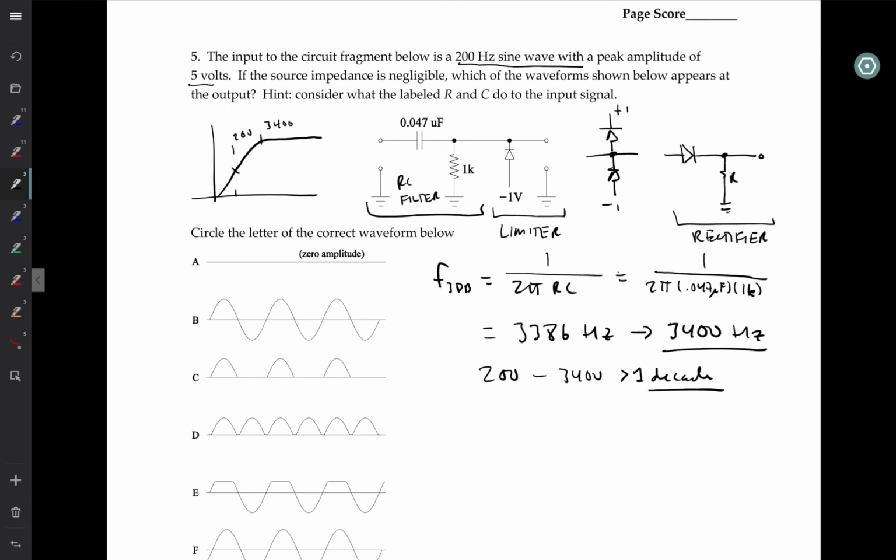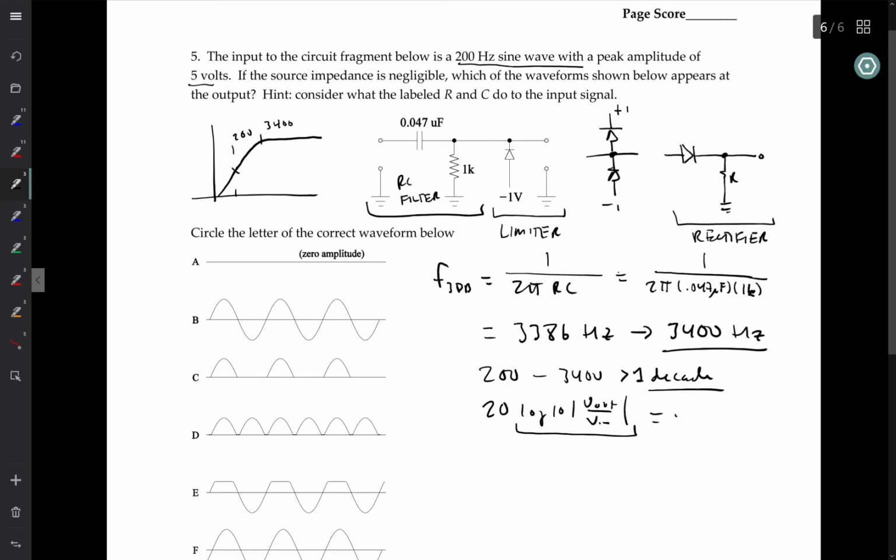A decade is, remember, 20 times the log base 10 of V out over V in. 1 decade means that the log has to be equal to -1 because I'm reducing the size of the signal, and that means that V out over V in is equal to 1 over 10. So I know that the output of the filter is going to be less than 0.5 volts peak.